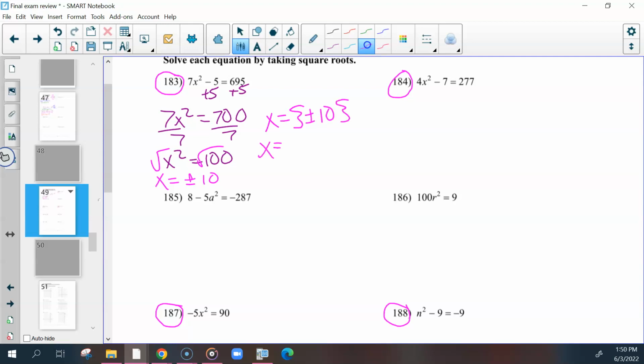Or you can write it as separate, negative 10 and positive 10. Do we have any questions on that one?